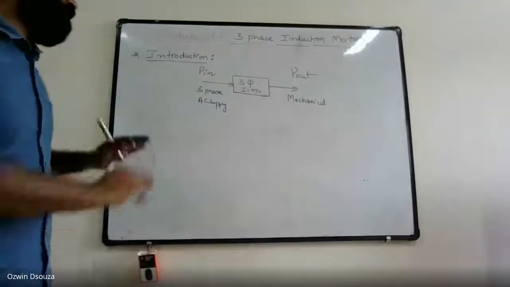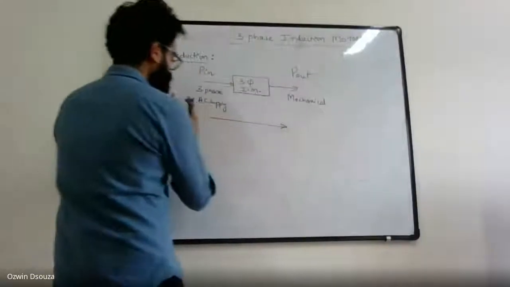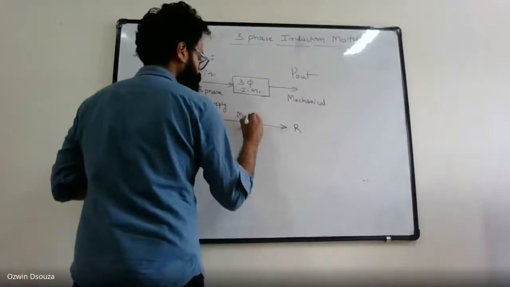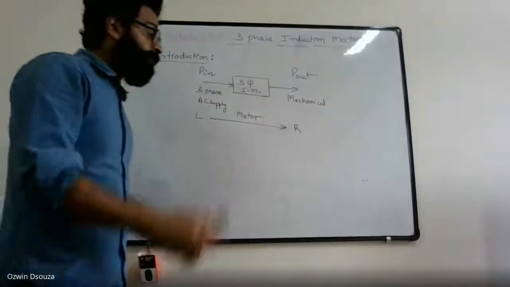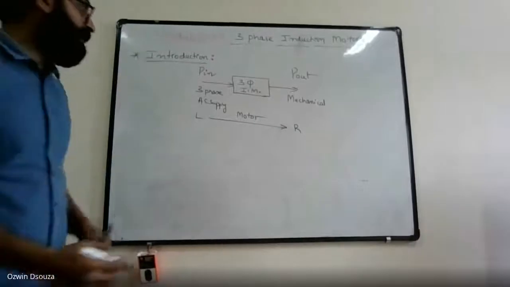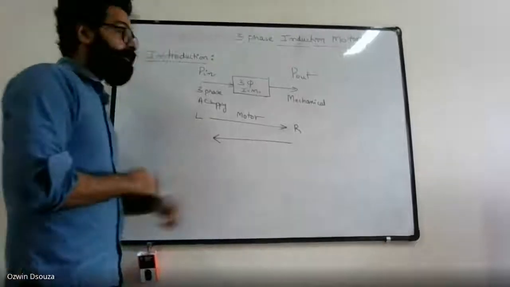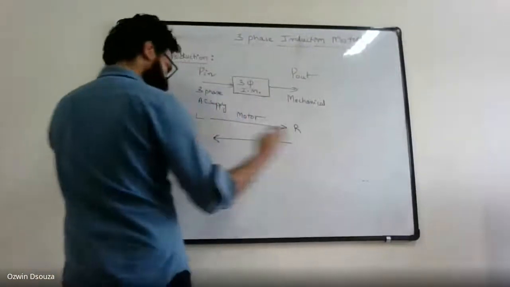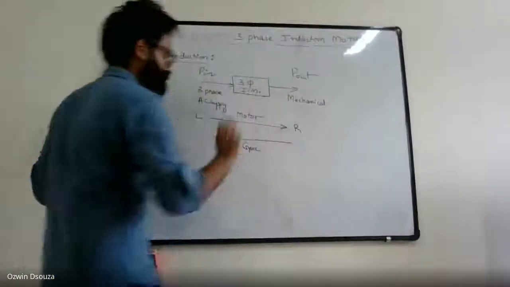So for motoring operation, the power flow is from left to right. And the same motor or machine can be operated in generating mode provided you interchange the type of input. If you give input from right to left, this is for generating action.